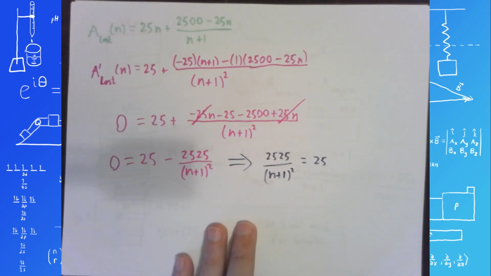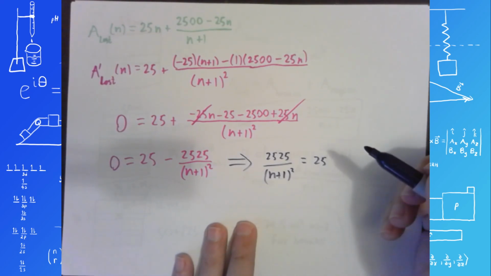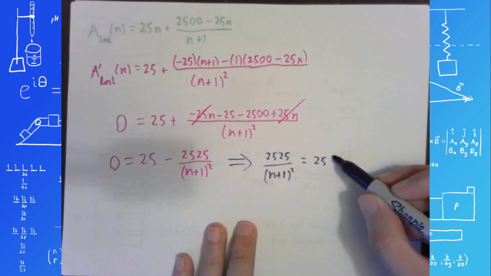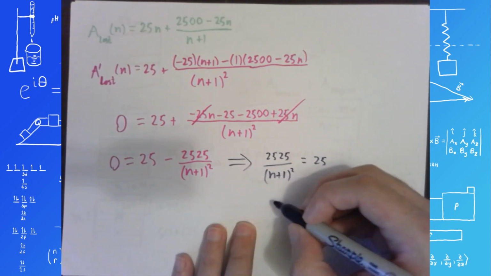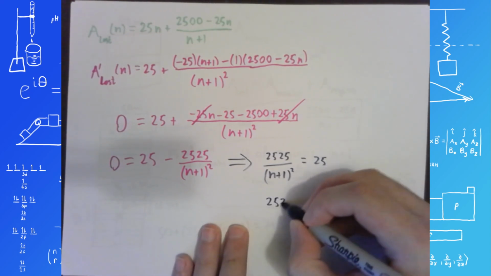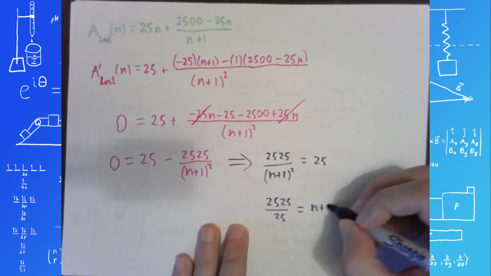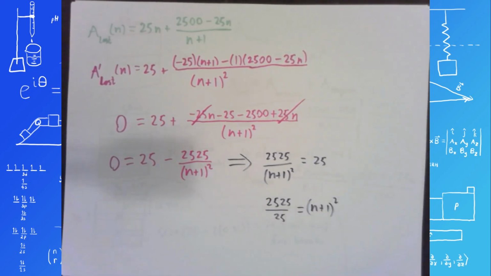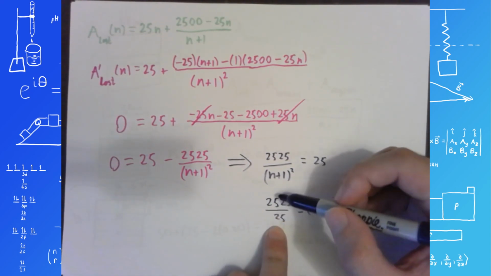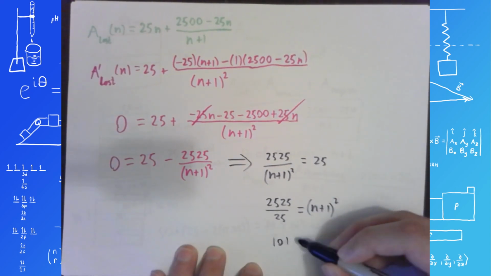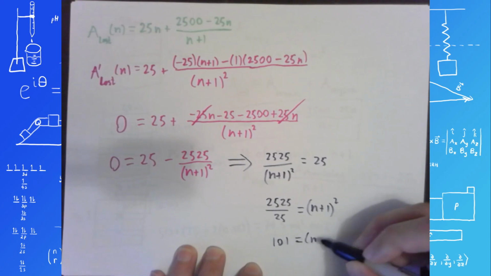I'll multiply n plus 1 squared over to the right and divide by 25 over to the left. So that'll give me 2525 over 25 equals n plus 1 squared. And if I divide 2525 by 25, then 2500 over 25 is 100, plus 1. So I get 101 equals n plus 1 squared.